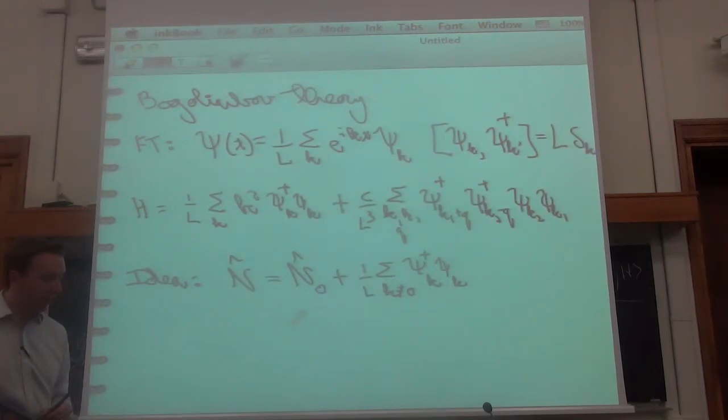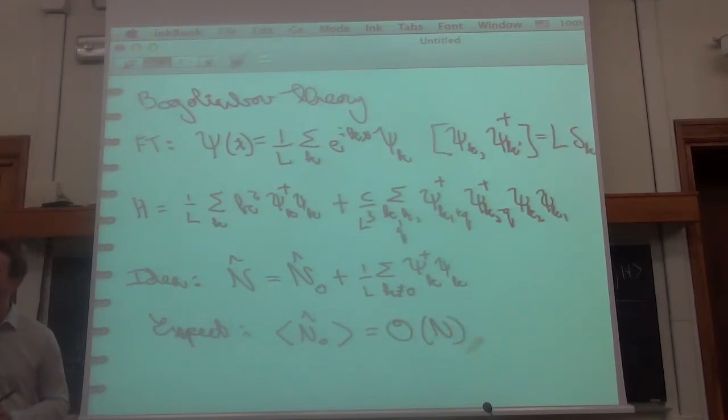And what you expect is that the expectation value of n_0 is of the order of the total number of particles. So you have a quasi-collapse of all particles onto the lowest available state. Instead of having a Fermi sea, everybody goes into the same state.